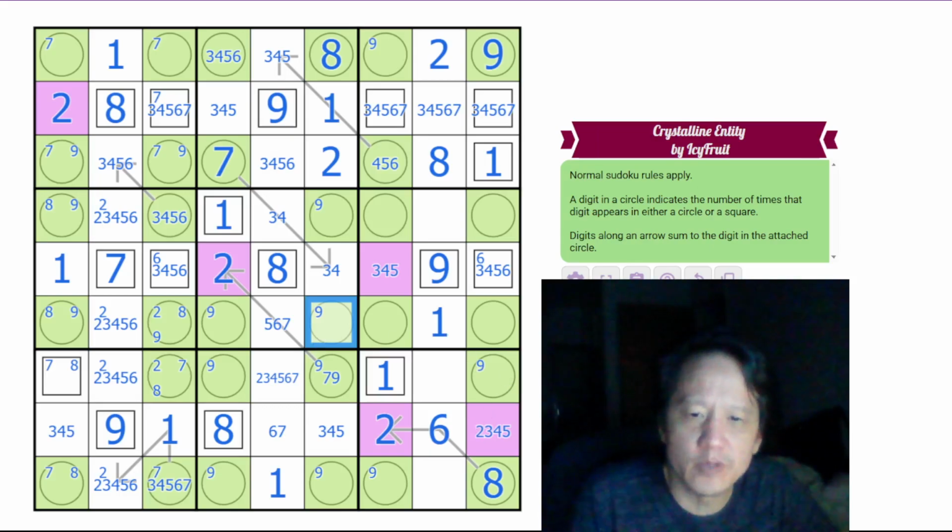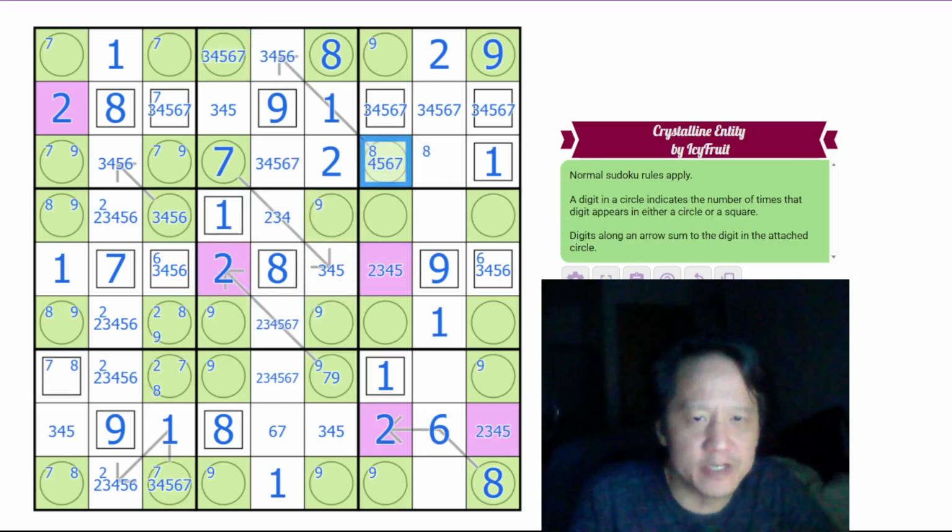Okay, hold up. I think going down this path is not a good path. Let's look at... Okay, so this still has to be 8 or 9. That can't be 2, right?